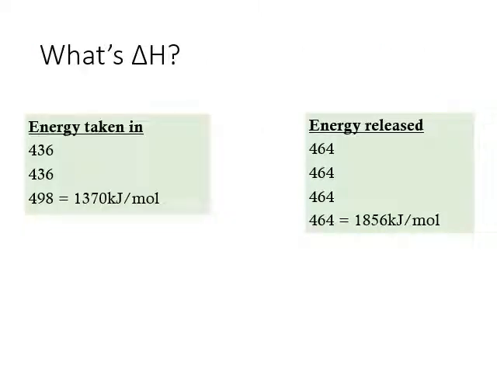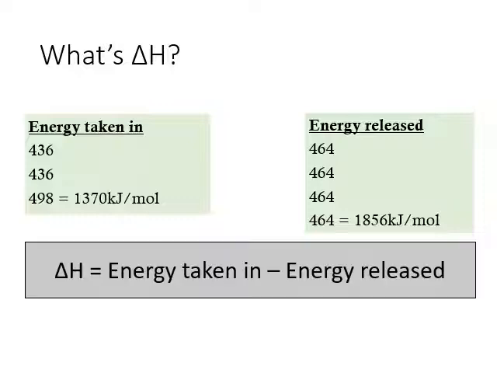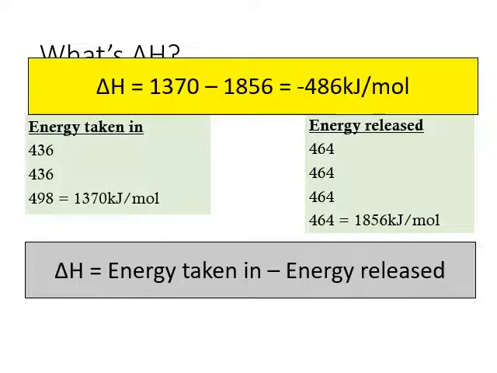So we've now got the energy taken in and the energy released, and you can see that those energies are different. So we can work out the difference. So the difference is just the difference between the energy taken in and the energy released. Work that value out now. So you should have got a difference of minus 486 kilojoules per mole.